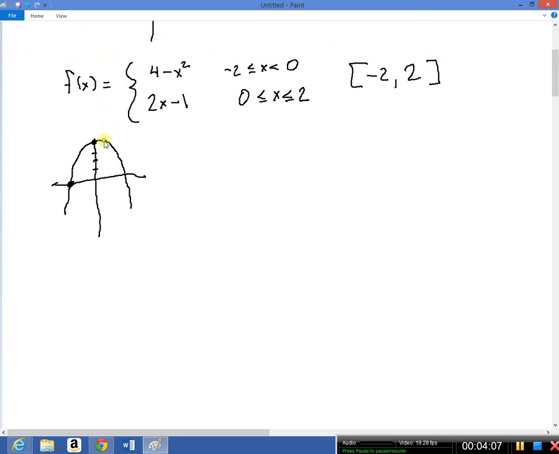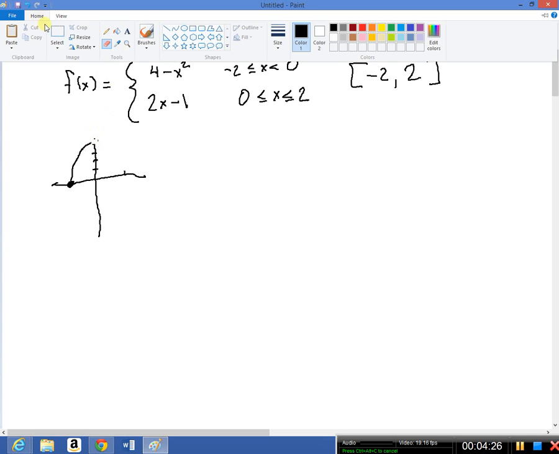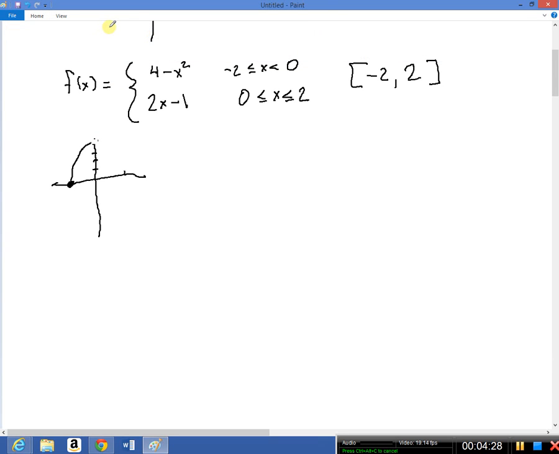So what I'm going to do is erase all of this part right over here. And I'm going to erase all of this part because it doesn't belong either. And I'm going to erase that point there. Okay? So that's going to take us back to a hole there. And that's this part of the curve from -2 to 0.